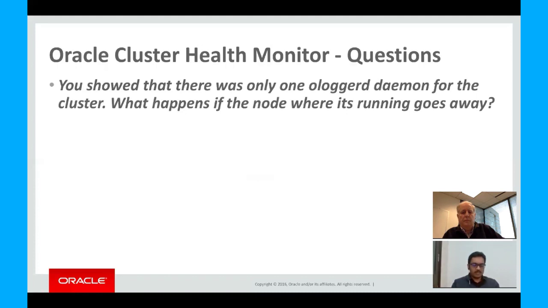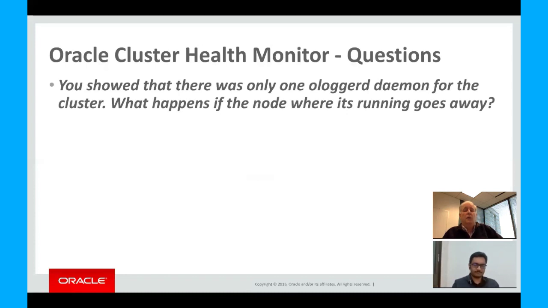If it hits repeated failures as it tries to restart ologgerd, then all osysmonds would elect a new master node, and ologgerd would be spawned on the newly elected master node. If the node itself where ologgerd is running goes down, the same thing happens. All other osysmonds would detect that they don't have an ologgerd running in the cluster, and they would elect a new master node and spawn ologgerd there.